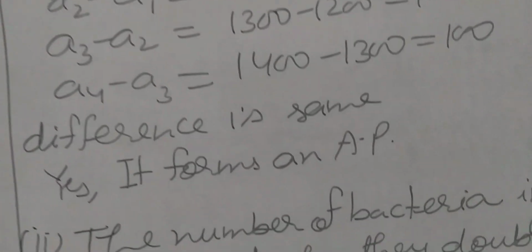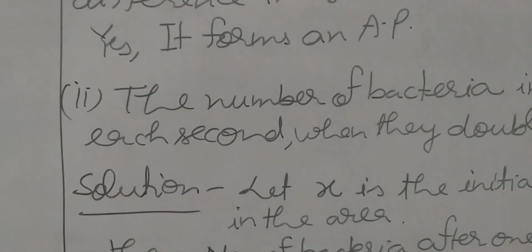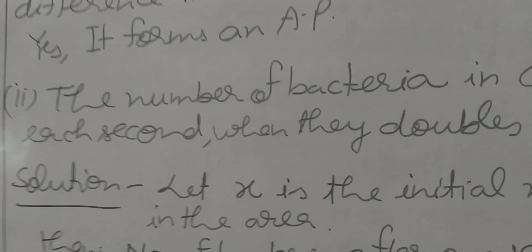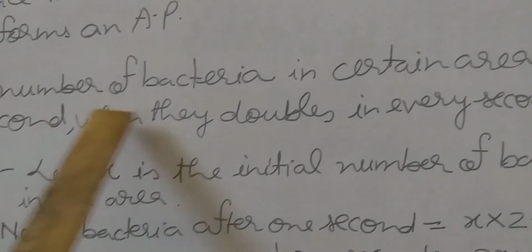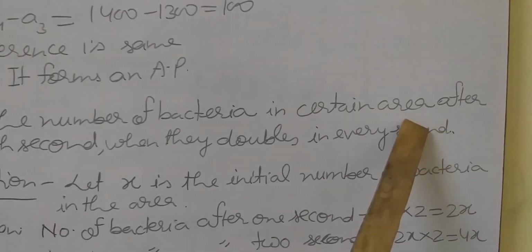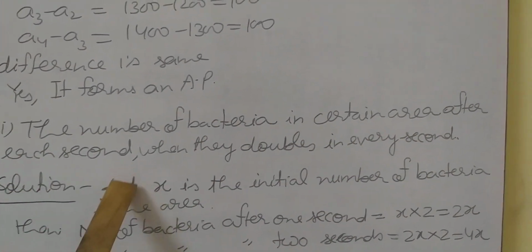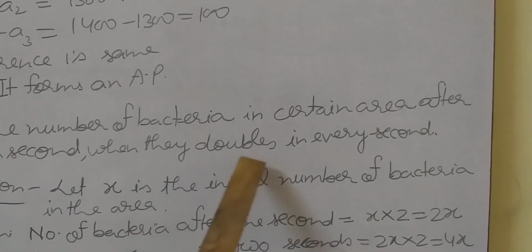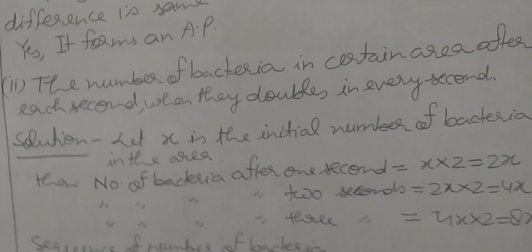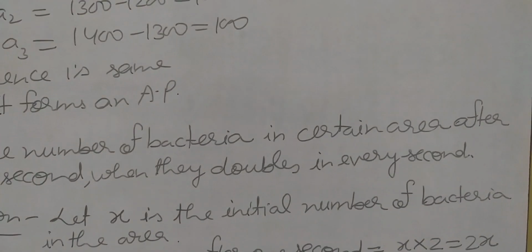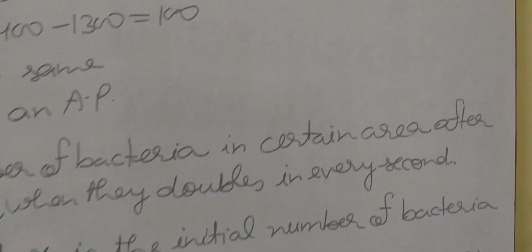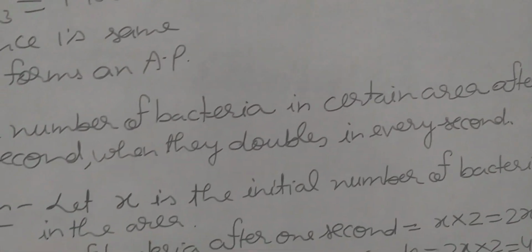Okay students, now next situation: the number of bacteria in a certain area after each second when they double in every second. We have to check the number of bacteria after every second, students.